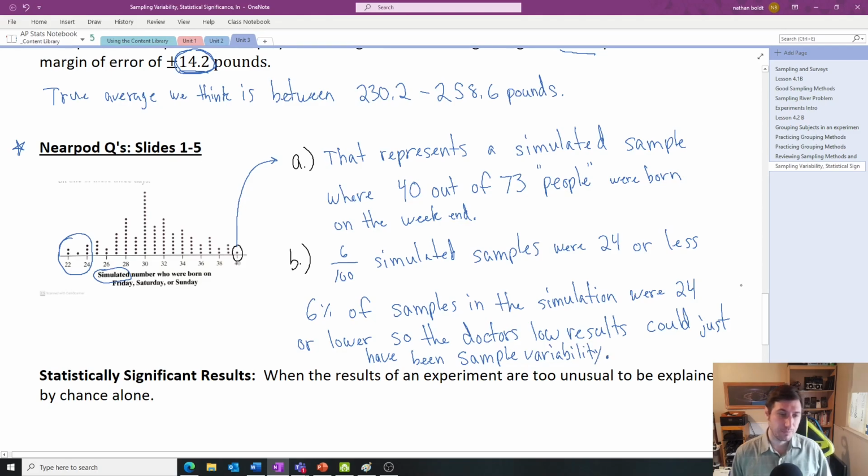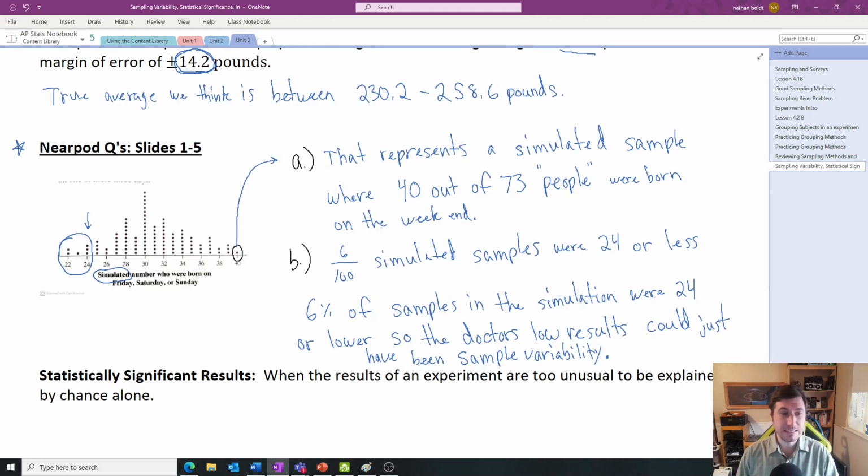All right. Even if, we're assuming that there is no difference in being born on a weekend versus weekday. And if that's the case, if you randomly select 73 people, it's very possible that only 24 of them will be born on the weekend. All right. 24 or even fewer.